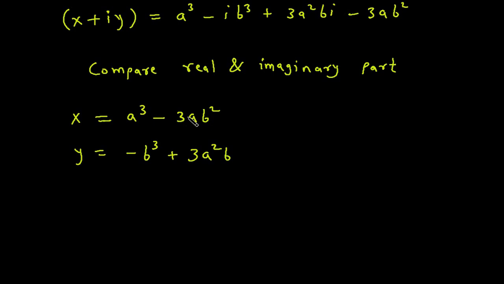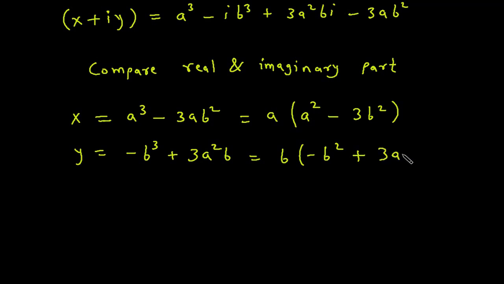Now from here we can take a common. So this will be a(a² − 3b²), and here we can take b common. So this will be b(−b² + 3a²).